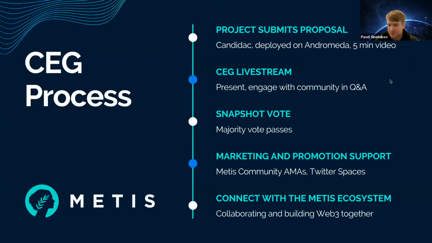It's very simple. You go through a proposal, then a live stream demonstrating your product, then a vote, then you have marketing and promotion support, and you're connected with projects in the Metis ecosystem. A lot of it is just helping projects from hackathons or different areas get bootstrapped into the system, so you're not left alone wondering where to go next.